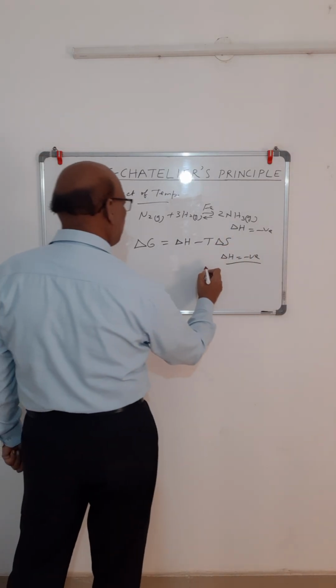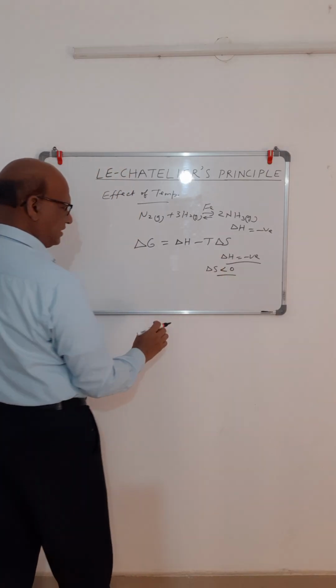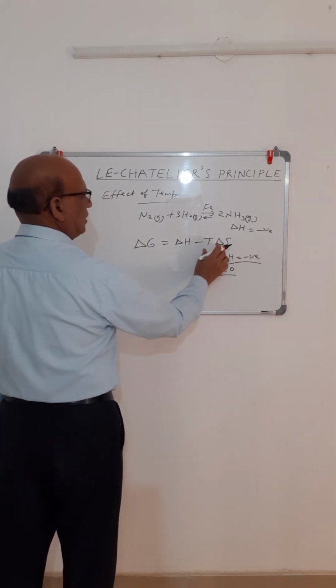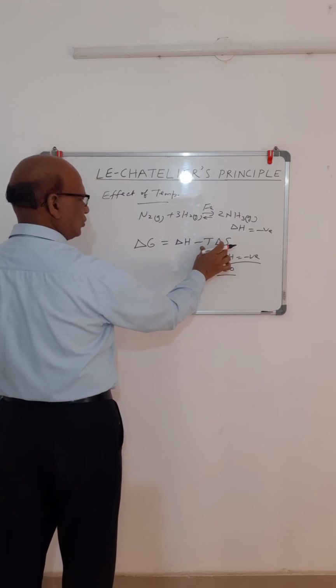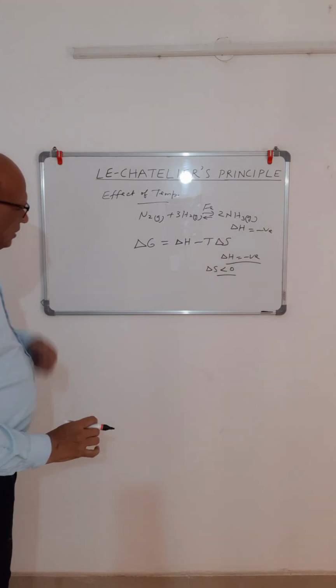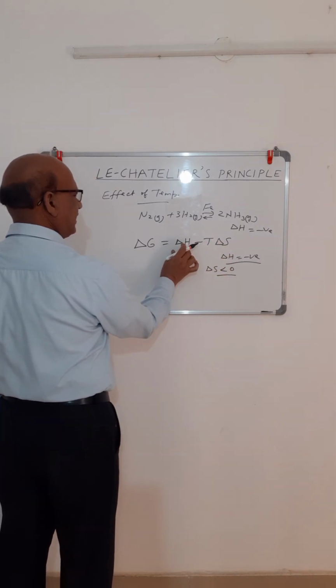Now suppose delta S is also negative. Then this minus T delta S term will be positive, and delta H is negative.